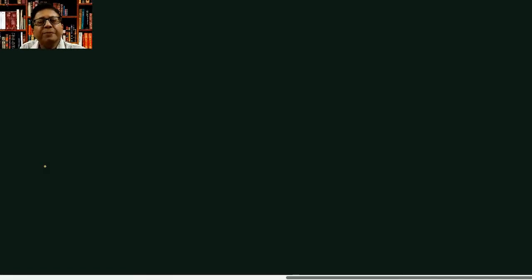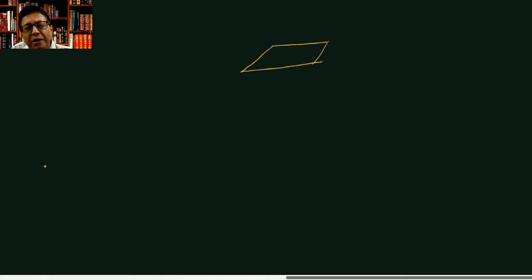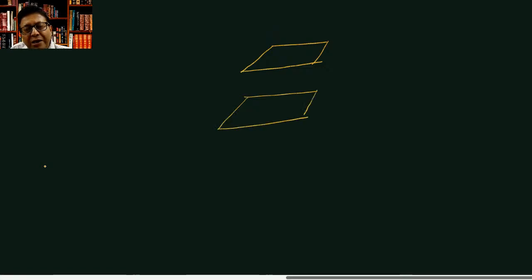Now for the concept of parallel planes. If you take 2 planes in this manner, so that there is no point common, then they are said to be parallel. You can define it in different manners. If there are parallel planes, they have the same unit normal.